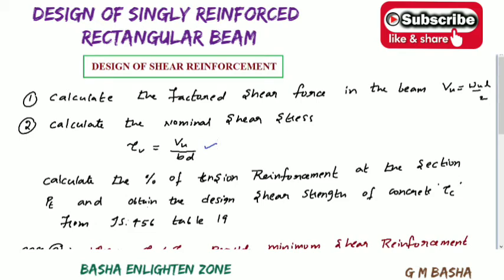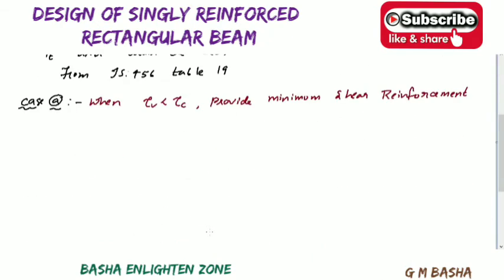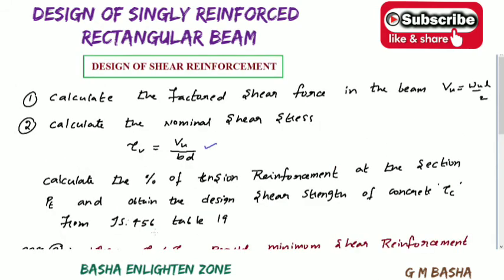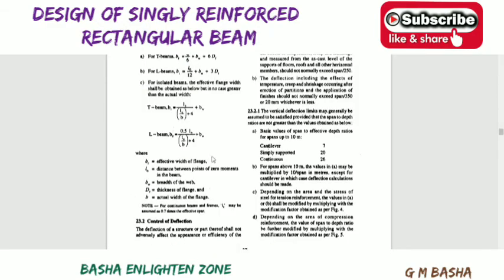After calculation of tau v, calculate the percentage of tension reinforcement at the section. The design strength of the concrete, tau c, is obtained from table number 19 in IS 456. So go for the condition, that is the percentage of steel, which is in IS 456 table number 19.